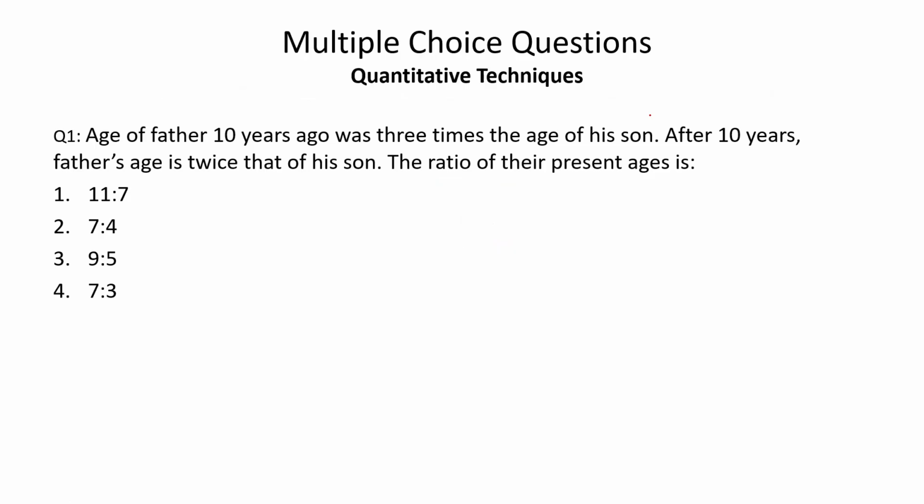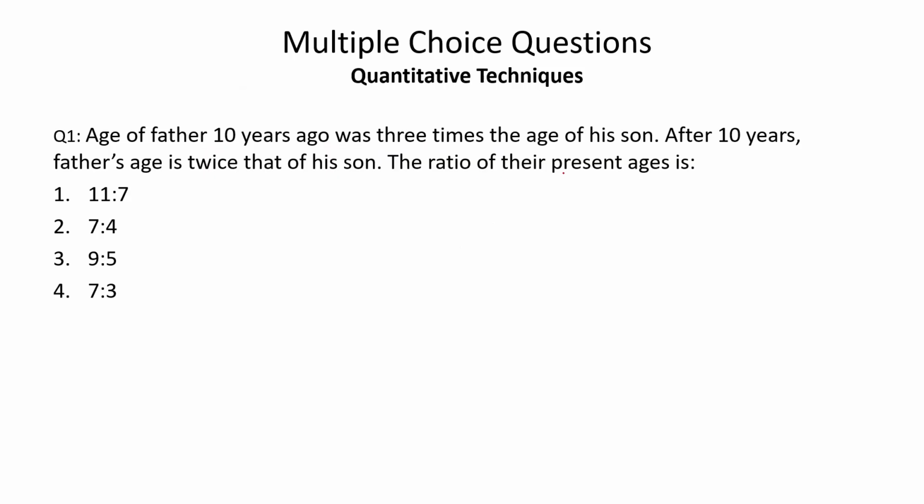So what is given? The age of the father 10 years ago was 3 times the age of his son. After 10 years, the father's age is twice that of his son.